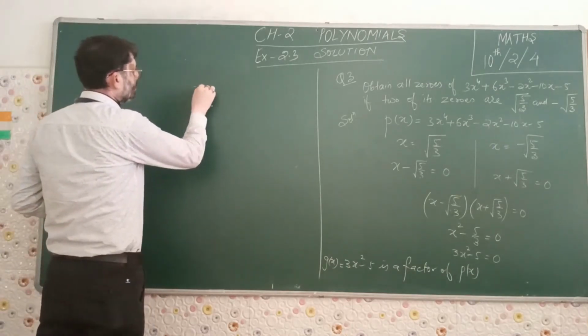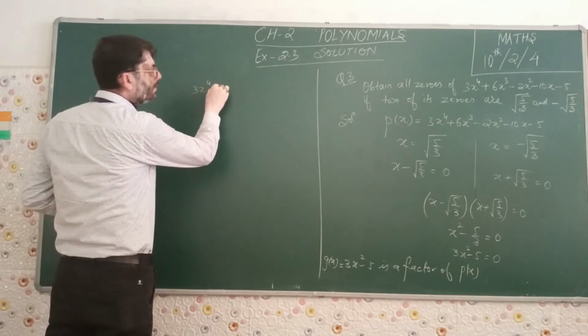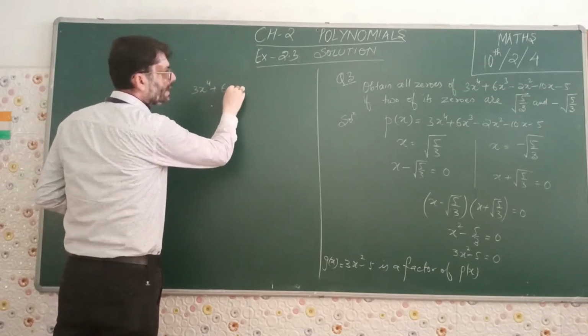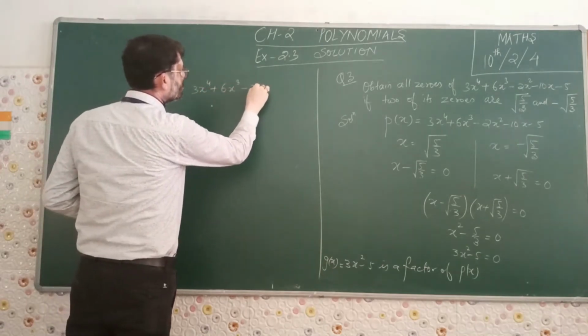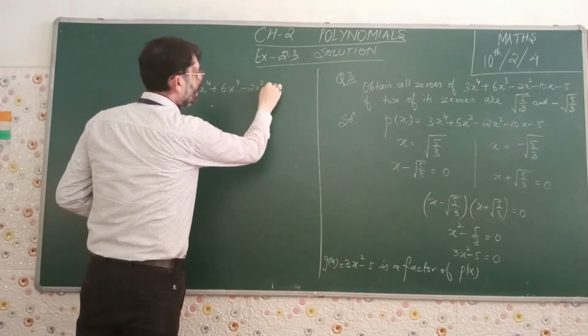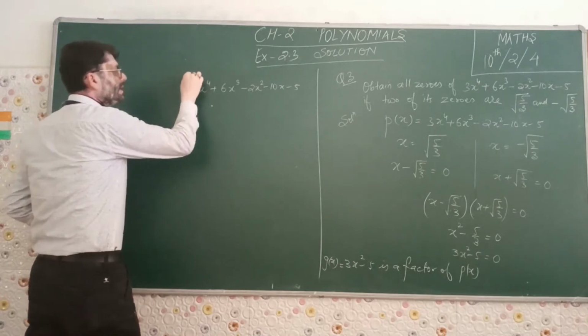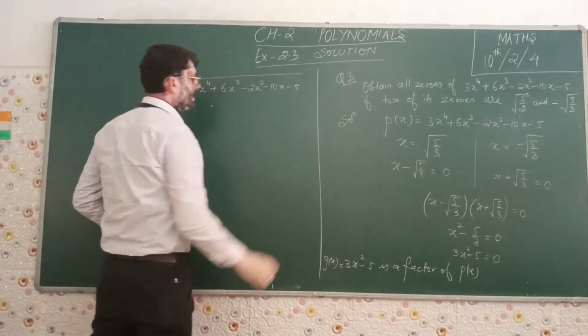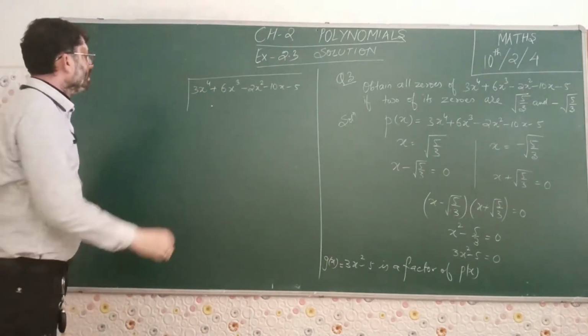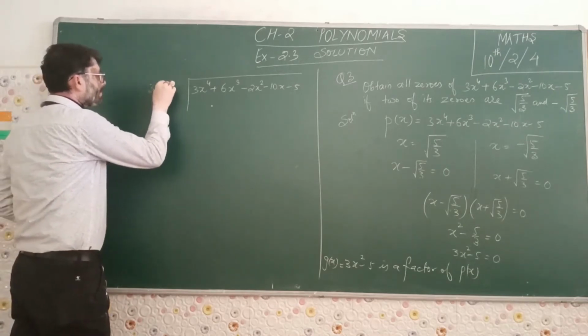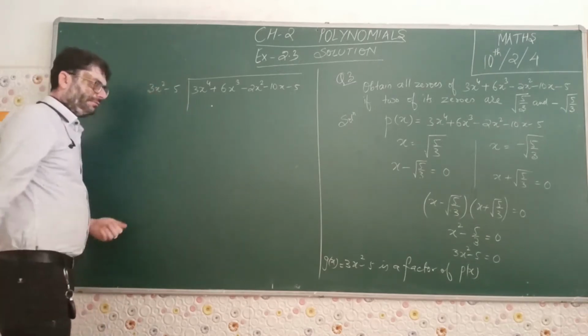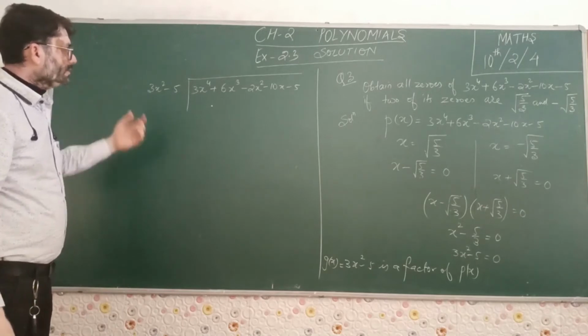So this is 3x⁴ + 6x³ - 2x² - 10x - 5. This was our p(x), and the factor that we had obtained as g(x) is 3x² - 5. Let us divide it.